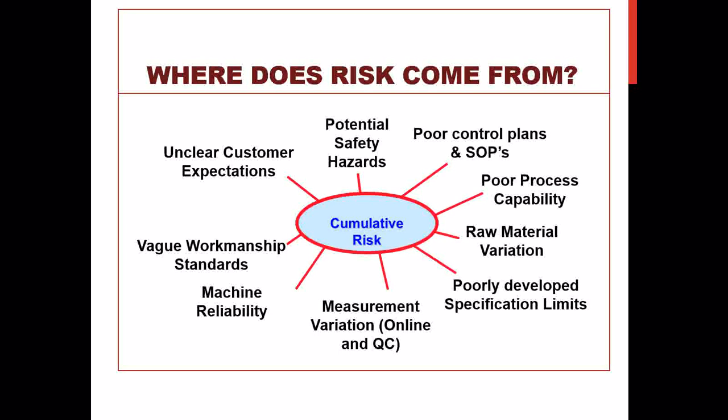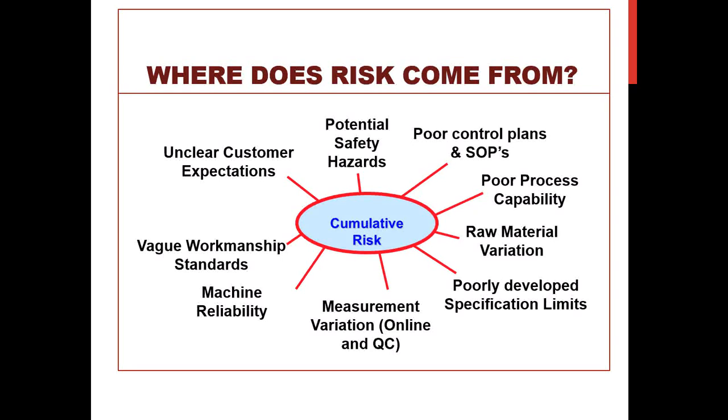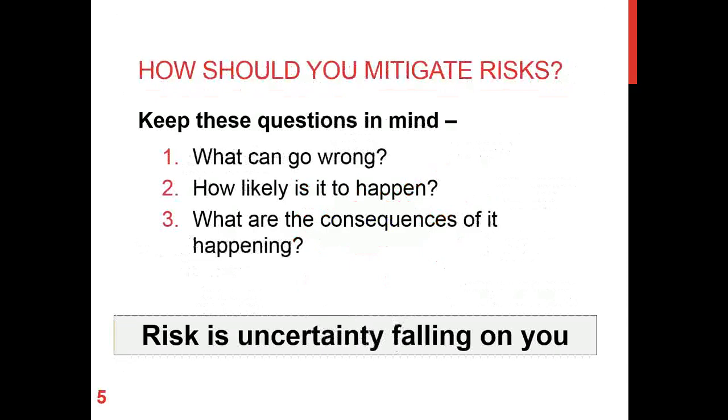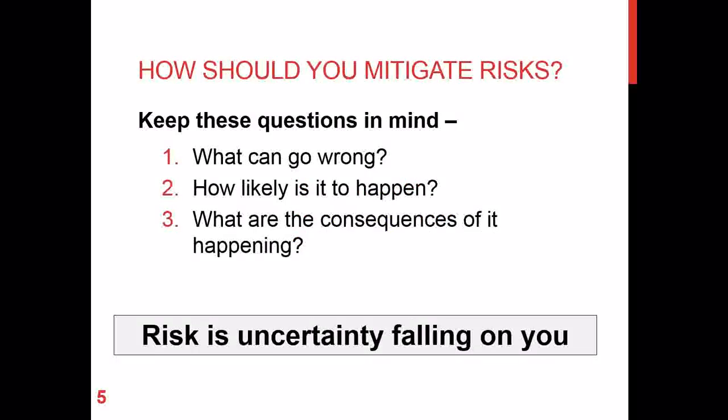Then we also have measurement variations, online or quality control, and machine reliability or vague workmanship standards. But risk can also come from unclear customer expectations of the product or unclear user habits that could occur. Either way, they all come to cumulative risks that we have to deal with as an engineer.